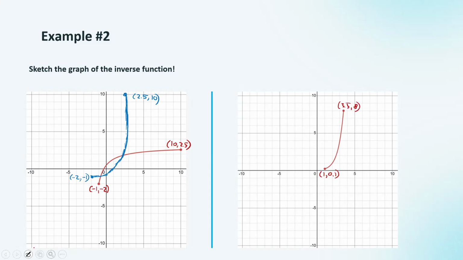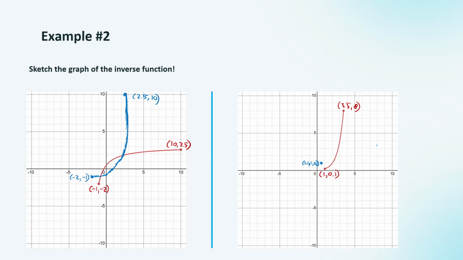Yeah. Now, let's try to find the coordinates of the inverse function. So that means it should be 0.1, 1. I think it should be over here. 0.1, 1. I think it should be a bit to the left, but yeah, I think no problem in this case. And then the next coordinate should be 8, 3.5.